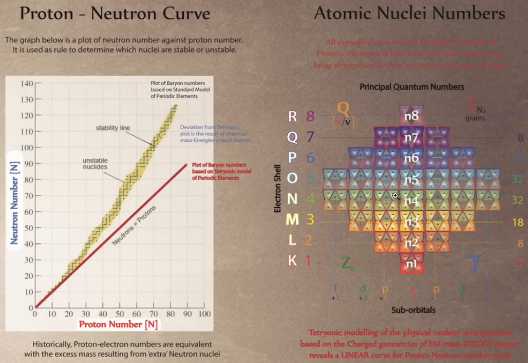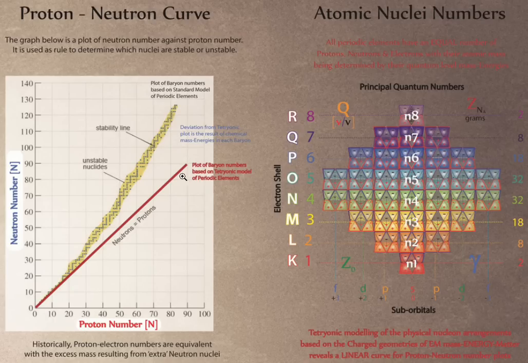We can then plot for each and every element the number of protons against the number of neutrons, and obviously as the elemental number is equal to the deuterium nuclei that make it up, this plot will be a straight line, because each deuterium nuclei has the same number of protons to neutrons, and the same number of electrons that bind to them within each nuclei to create the element.